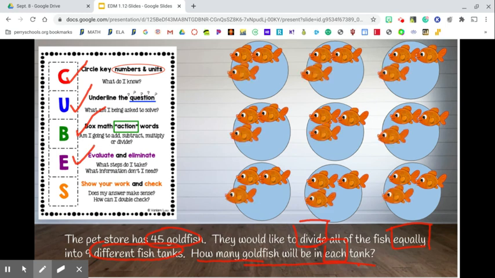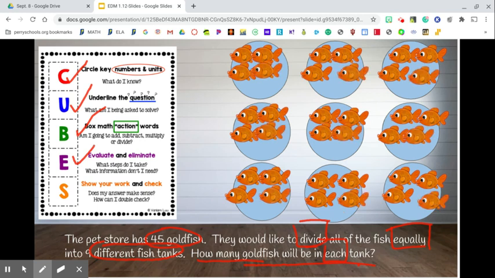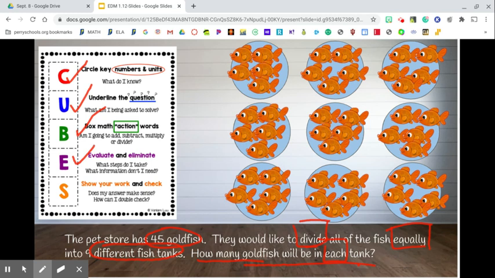And when I go through and add them again, that makes 27 of my 45. Again, it'll be 36 of my 45. And then I will have 45 of the 45 goldfish split equally between 9 fish tanks.